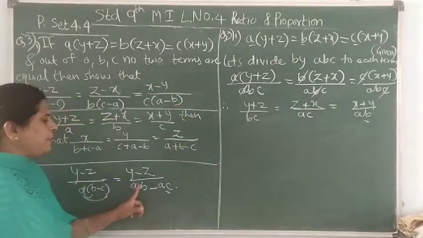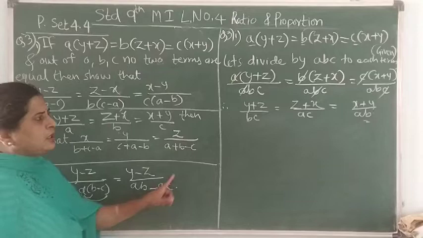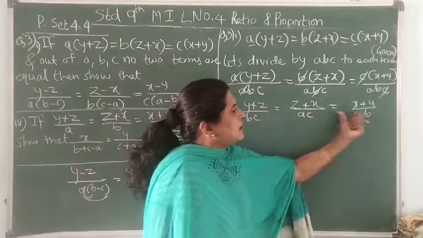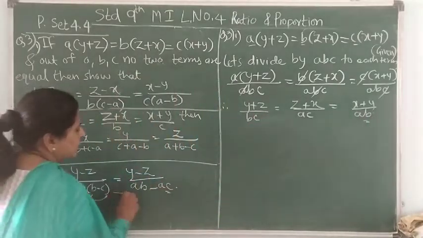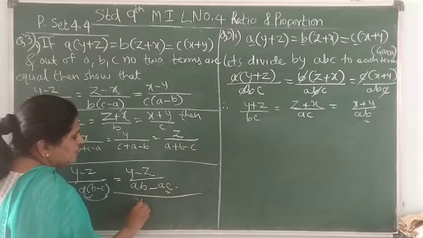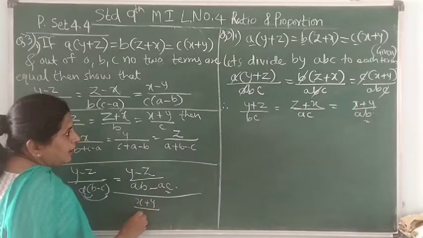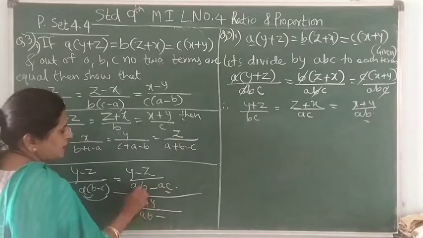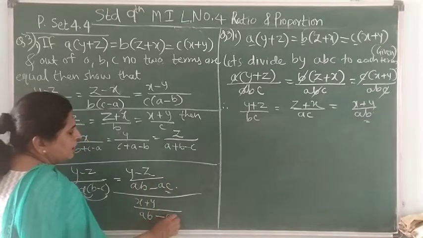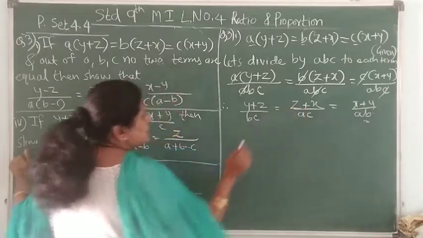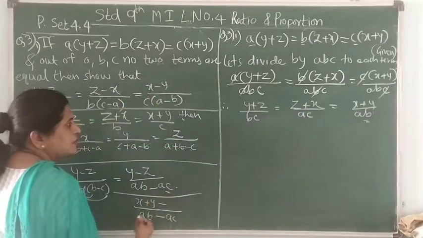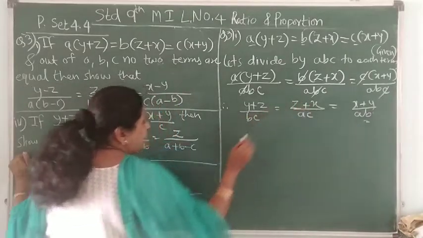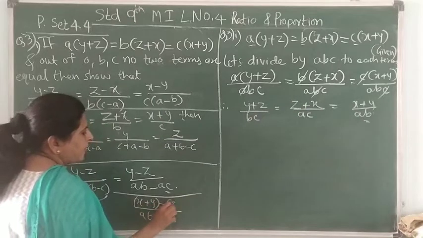If we want AB − AC, let's take this ratio, the rougher part: we take (x + y)/AB, and from this we want to subtract AC. AC is in the second ratio. If we want to subtract this, then we subtract z + x from this.